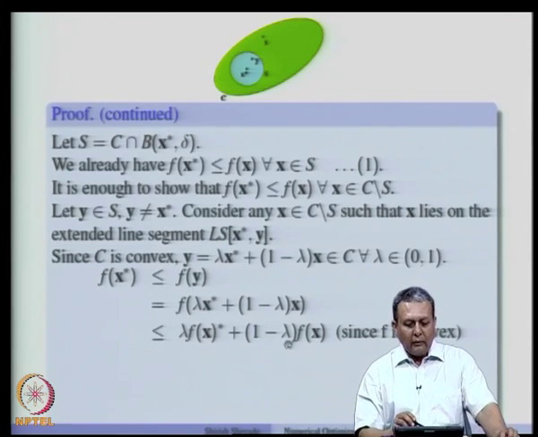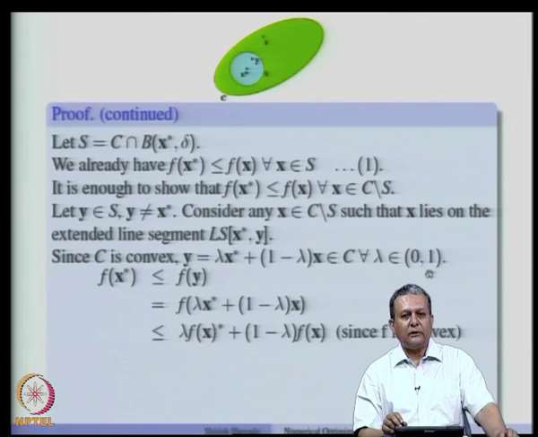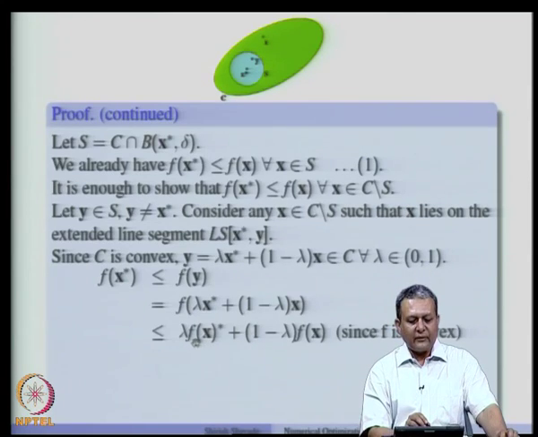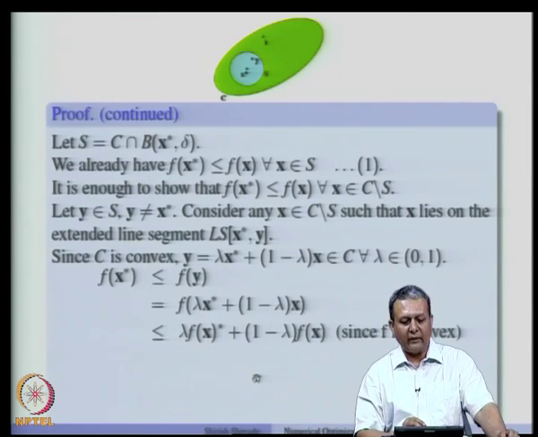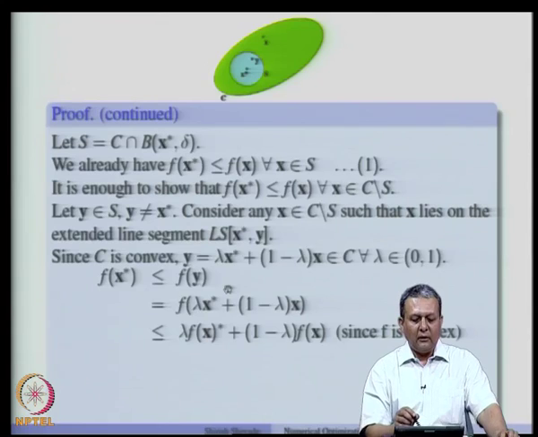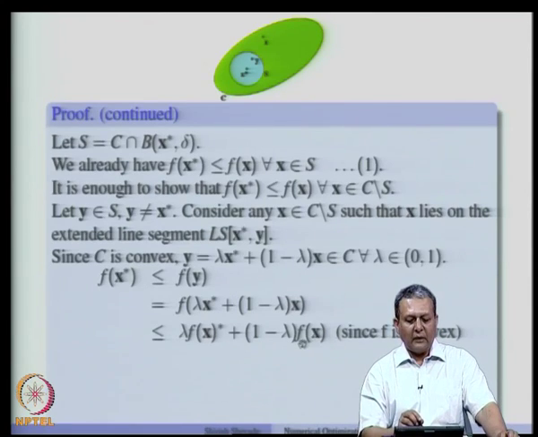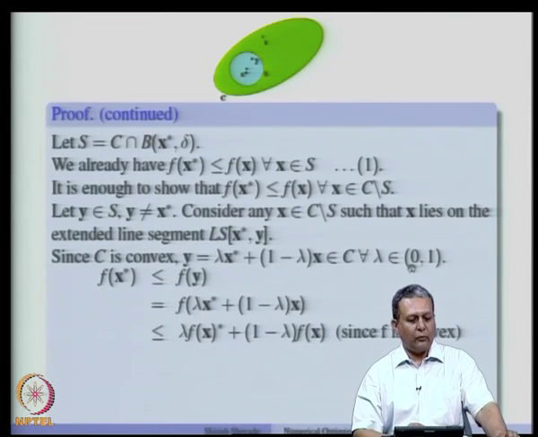Now, remember that lambda is in the closed interval 0 to 1. So, if you rearrange this, what we get is that on the left side 1 minus lambda f x star is less than or equal to 1 minus lambda f x for all lambda in the open interval 0 to 1.